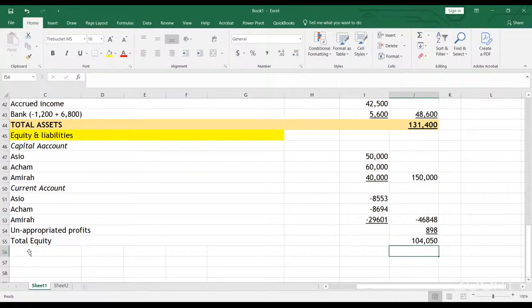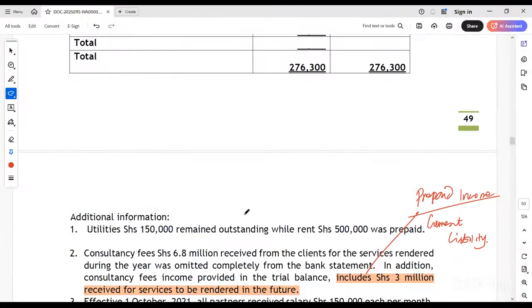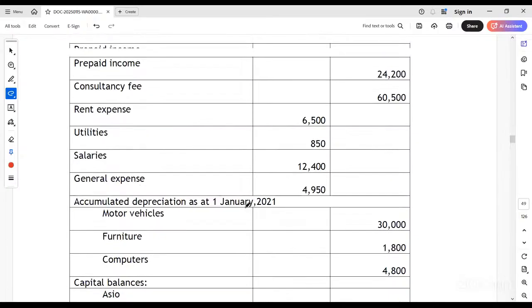Then we can go to the current liabilities, because I didn't see any current liability. Under current liabilities, what do we have?